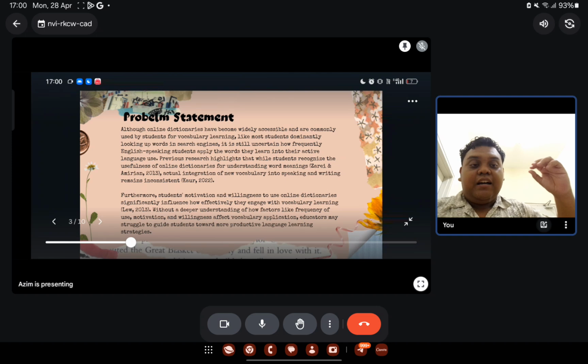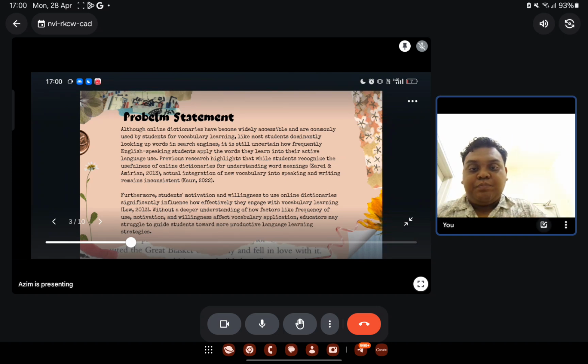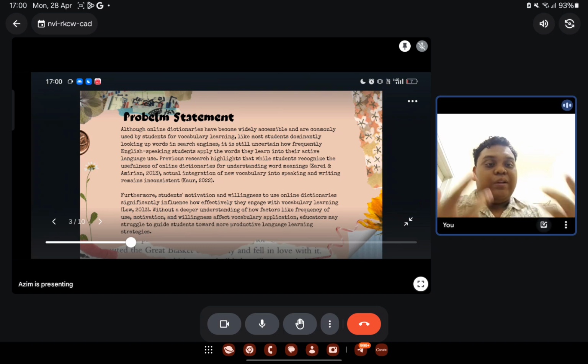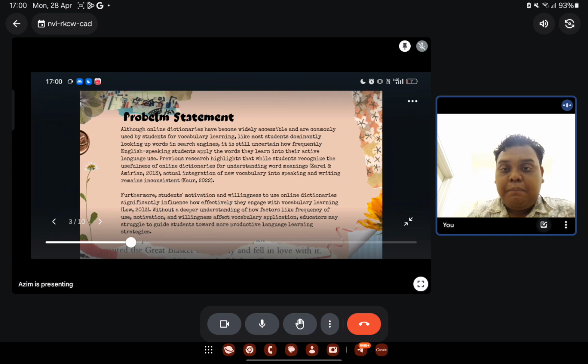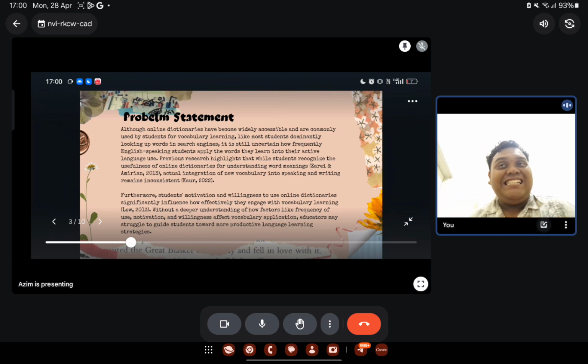Let's move on to the next point, which is the proposal. This is the proposal that I have presented. The gist of this proposal is basically how likely students are, first and foremost, to use online dictionaries. The definition of online dictionaries used by Zare and Miriam in 2015 and also Kao in 2022 is quite interesting because they define the online dictionary as search engines.